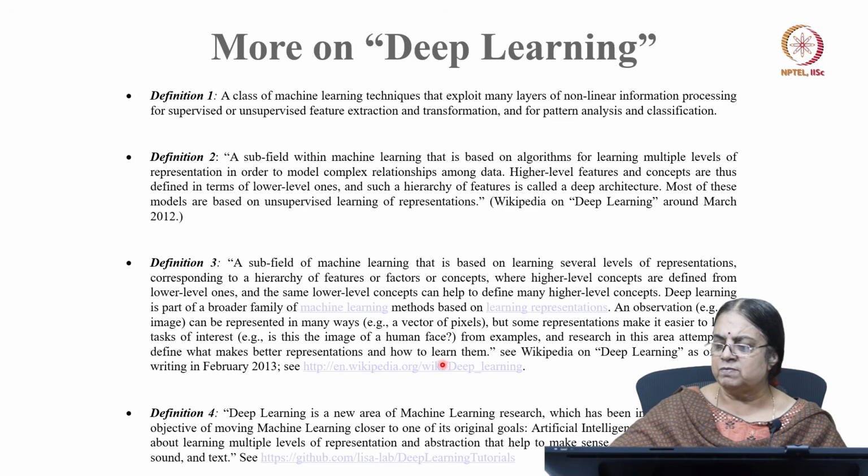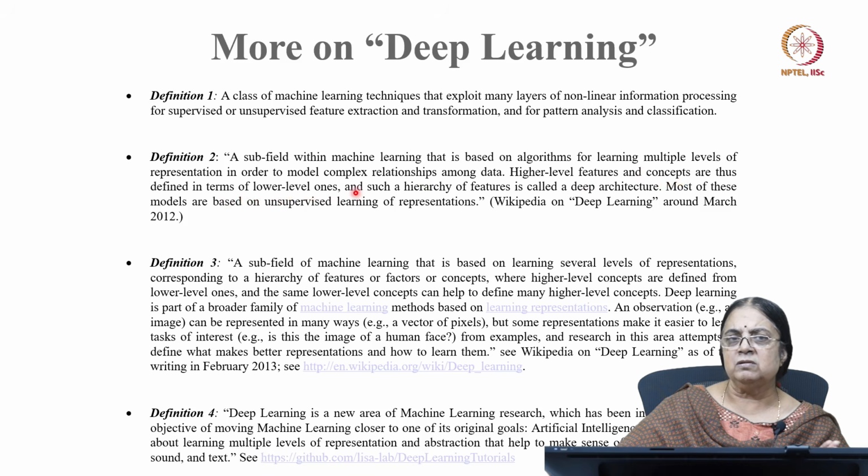So let us look at some definitions of deep learning. The first one is that it exploits many layers of nonlinear information processing for supervised or unsupervised feature extraction and transformation, and then for pattern analysis and classification. And you can say that you have many layers, and the higher level features and concepts are defined in terms of lower level ones.